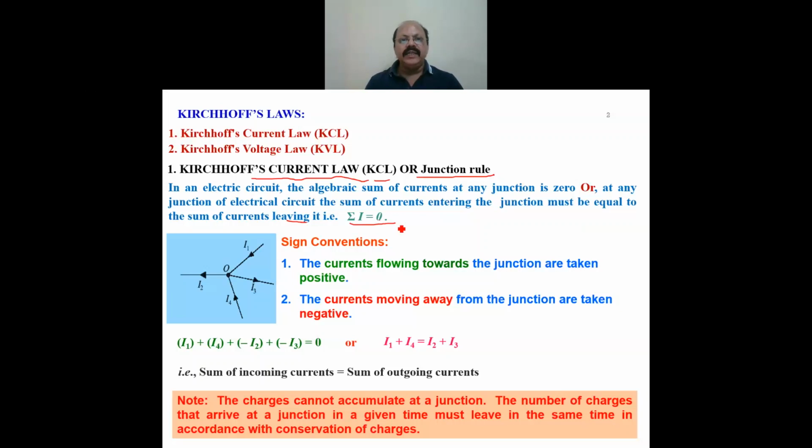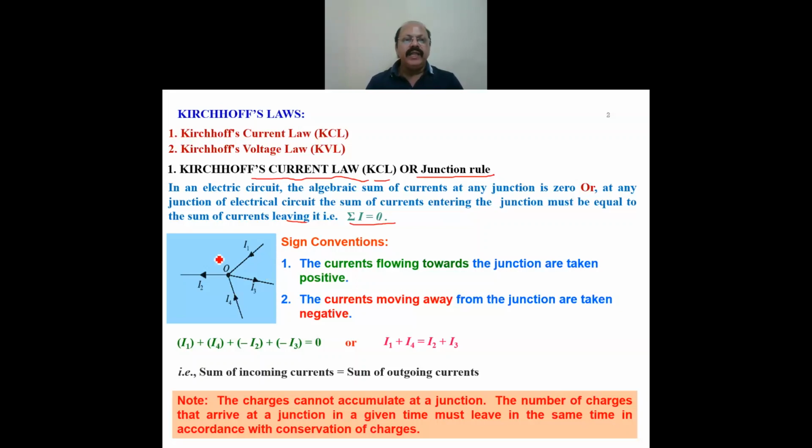So now you understand this one here. Here this O point is the junction, and the four wires here you can see in which the currents I1, I2, I3, I4 are flowing. Some of the currents are directed toward the junction and some away from the junction. So what we learn from KCL: in an electric circuit, the algebraic sum of the currents at any junction is 0.